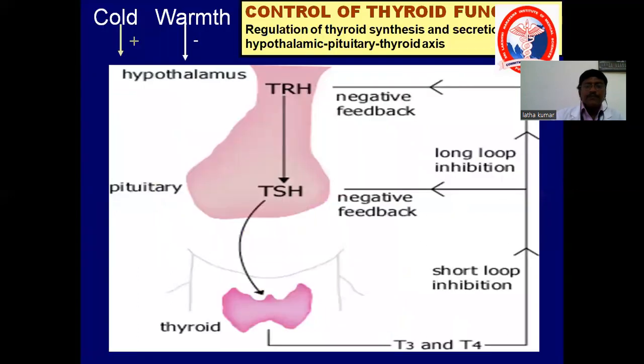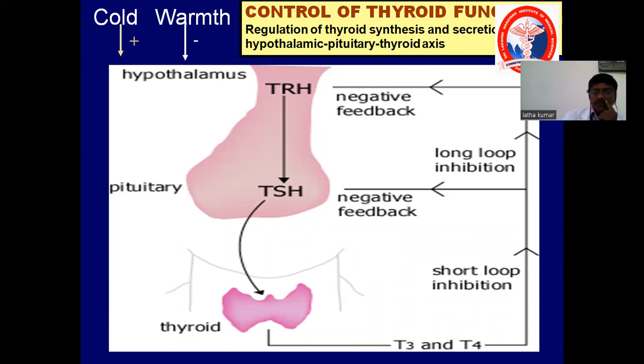Okay, this is the picture. And warm and cold control of the thyroid function. In a cold environment, the hypothalamus is positively stimulated to release the thyrotropin releasing hormone to the pituitary gland, which further stimulates the release of thyroid stimulating hormone, which then reaches the thyroid gland to stimulate T3 and T4. Warmth decreases the entire process, it is negative.